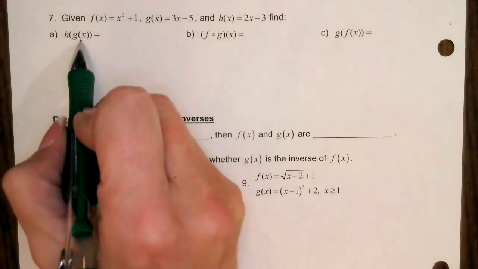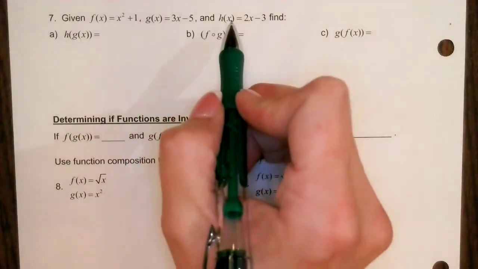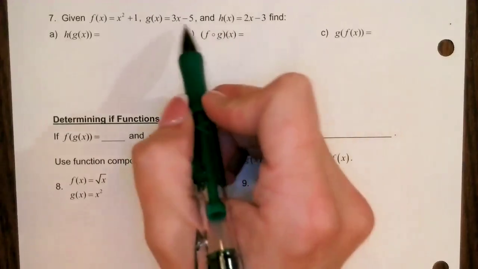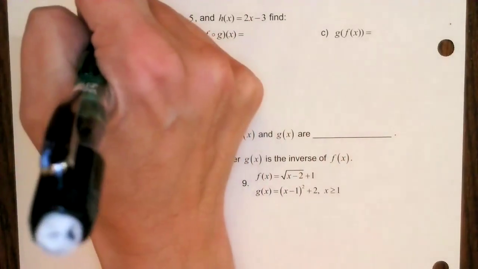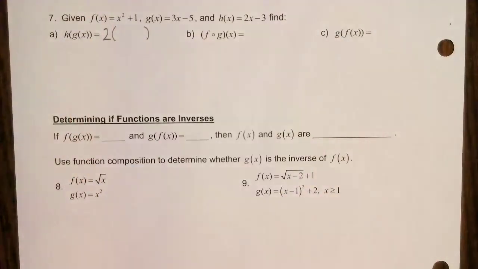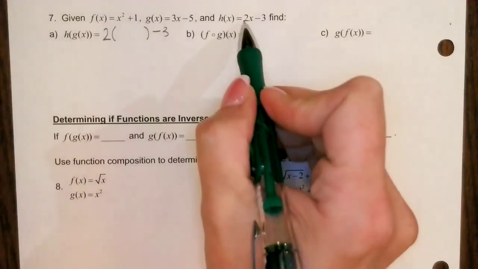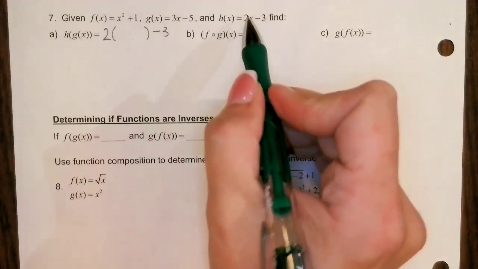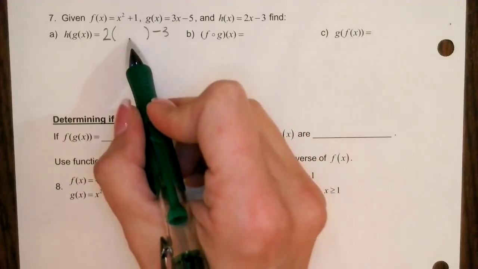So this is saying g of x inside of h. I'm going to start with h on the outside, and I'm going to put g of x inside this equation. So h of x is 2x minus 3, that's the outside, and we're going to plug in this g of x in the place of the x.